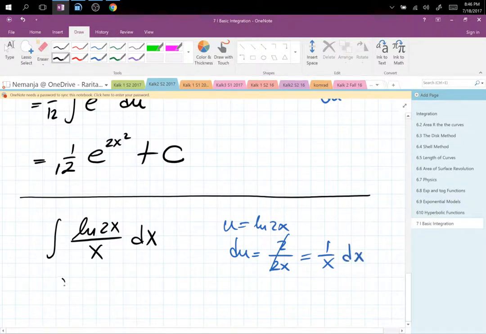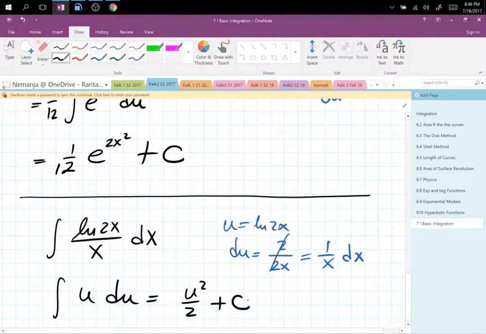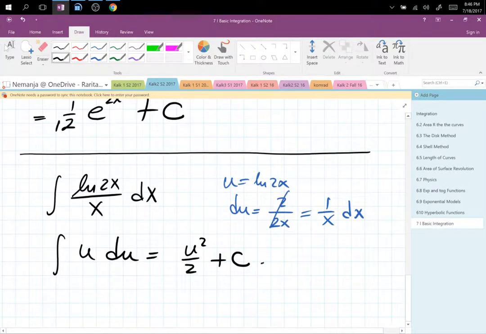So the integral is just u du. And then it's u squared over 2 plus c. And then we have 1/2 ln squared 2x plus c.